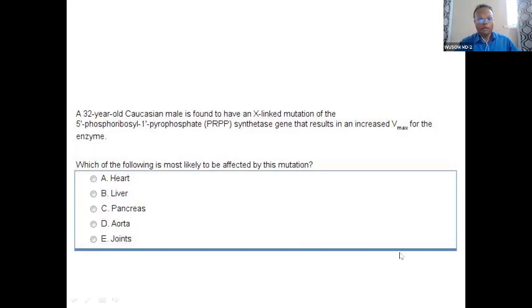So this is just one question, and this is how they ask. You need to recognize what the enzymes of purine synthesis are. If you don't, they indirectly want to check whether you know the enzymes of purine synthesis or not.